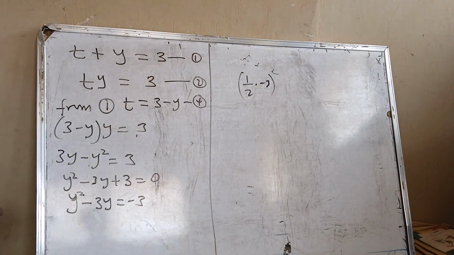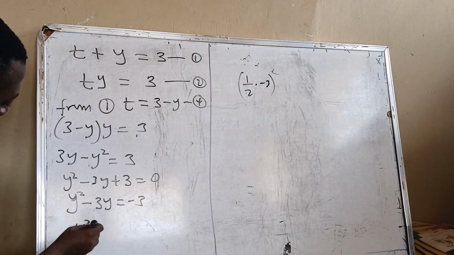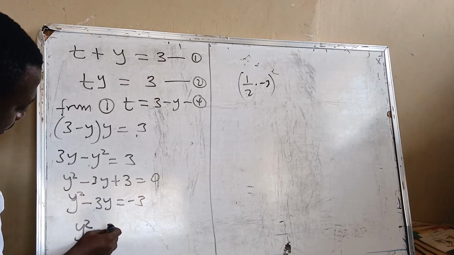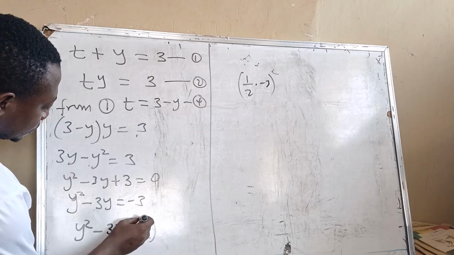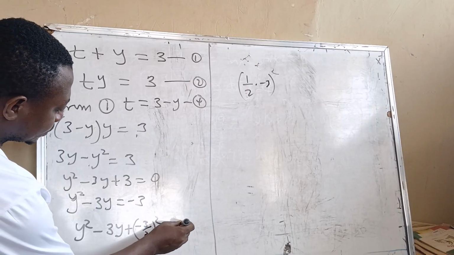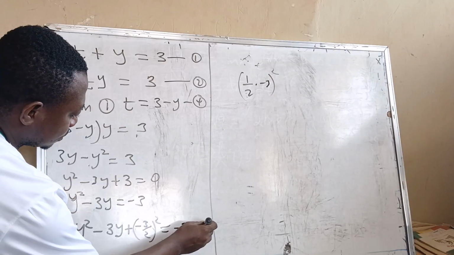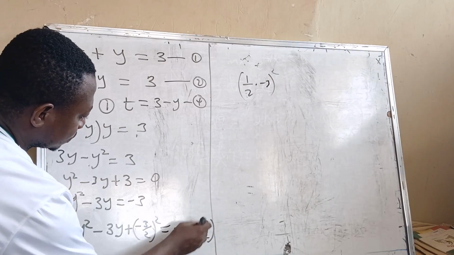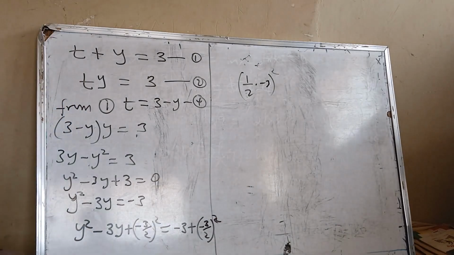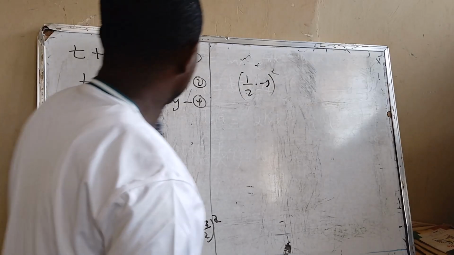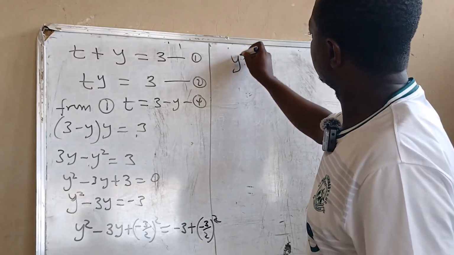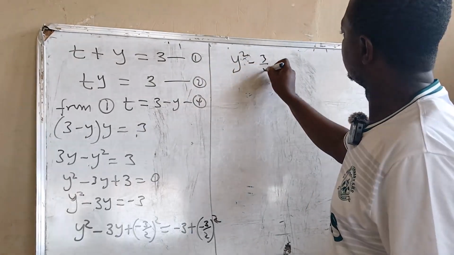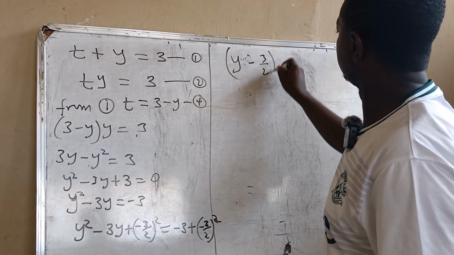So we have y squared minus 3y plus (minus 3 on 2) squared equals minus 3 plus (minus 3 on 2) all squared. From here, we have (y minus 3 on 2) all squared.